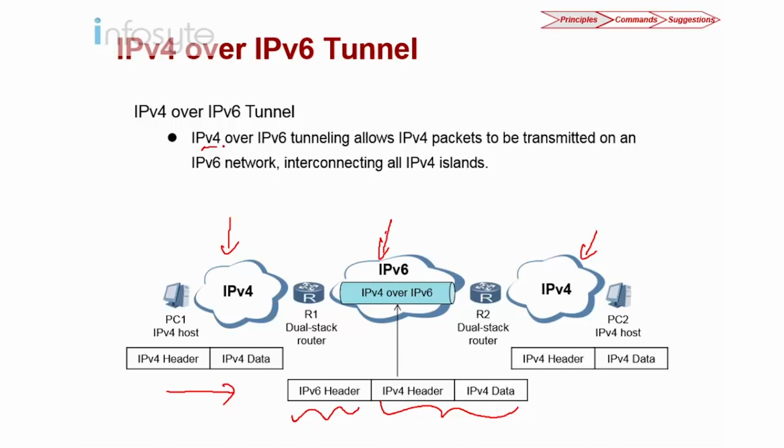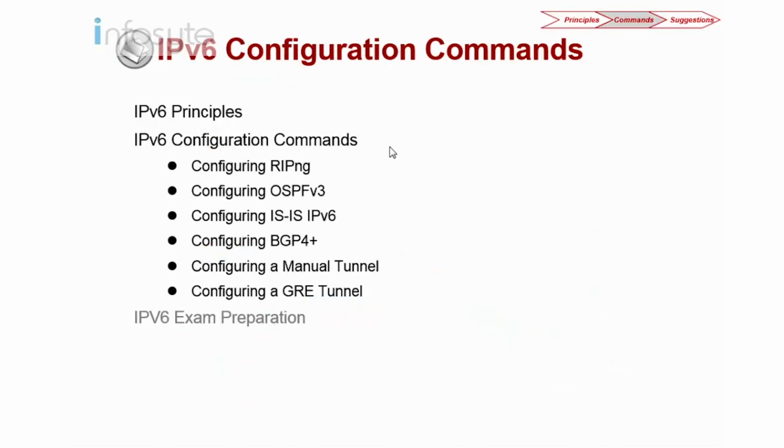IPv4 over IPv6 tunnel allows IPv4 packets to be transmitted over IPv6, but we don't have to worry about this. You just need to be aware that this will come in future. But at this moment, we will be more interested in how we can run IPv6 over IPv4 and not IPv4 over IPv6.